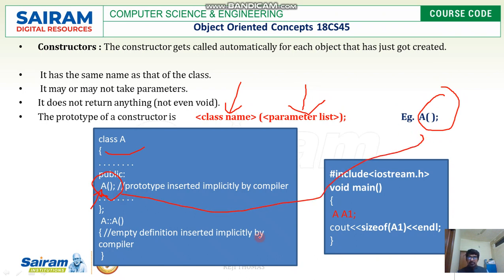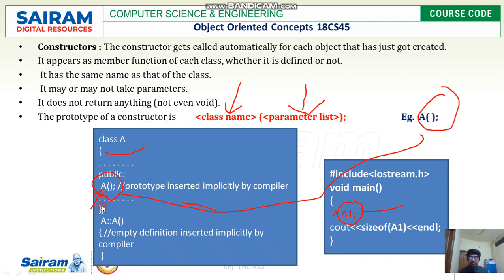Please remember, whenever we create an object in the program, the constructor is called. What the constructor does, we'll see in the next slide. Please remember it appears as a member function of each class, whether it is defined or not.